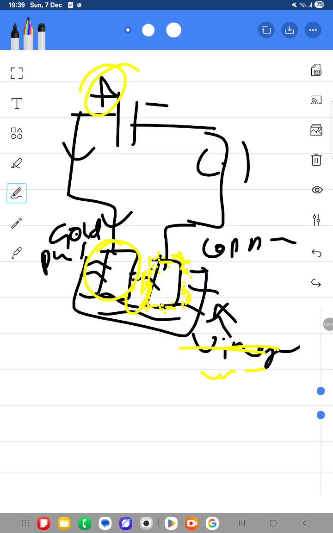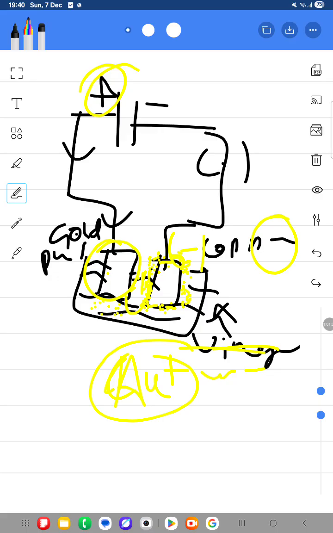The chemical symbol of gold ion is Au plus, so it will get attracted toward the negative end. Electricity passes towards the gold plate, and the gold plate will start breaking.